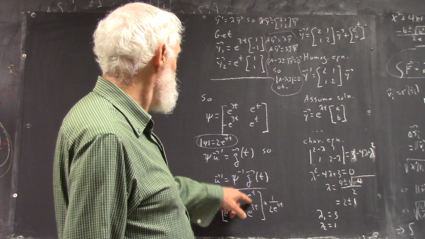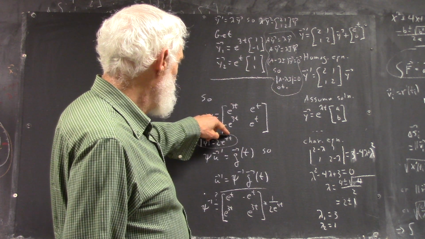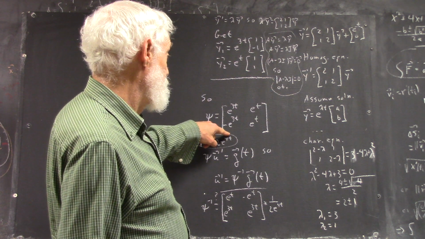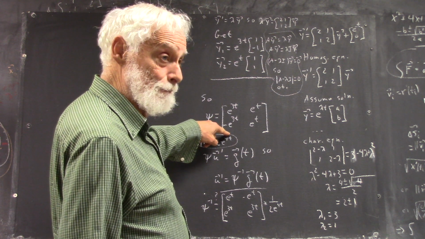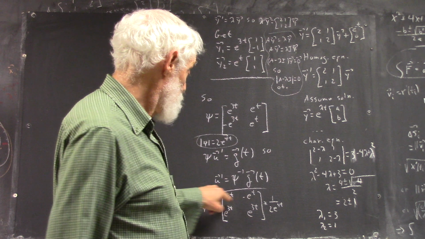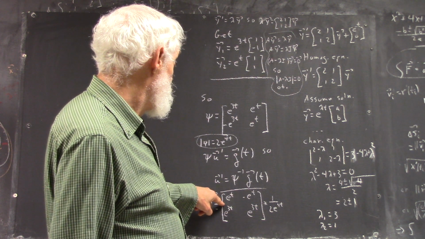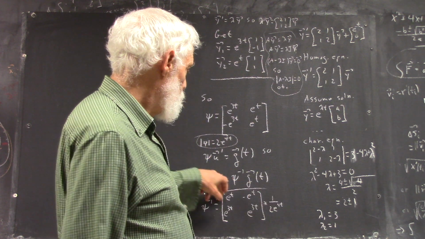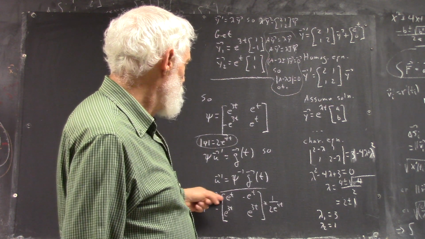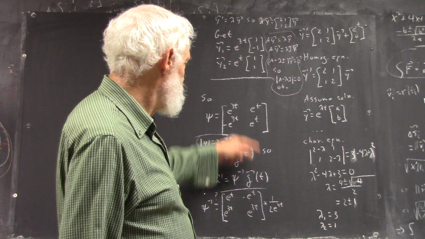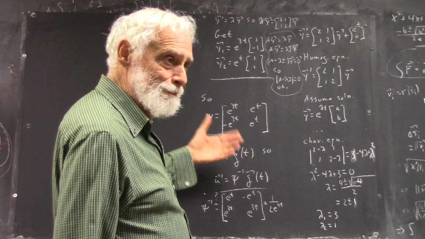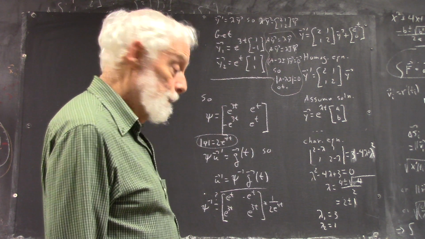So e to the t, e to the negative 3t multiplied by this gives me 2e to the 4t, which will give this, I'm going to get a 1. Okay? In the 1, 1. And multiplying here, opposite signs multiplied by the same thing, going to give me 0. Okay?